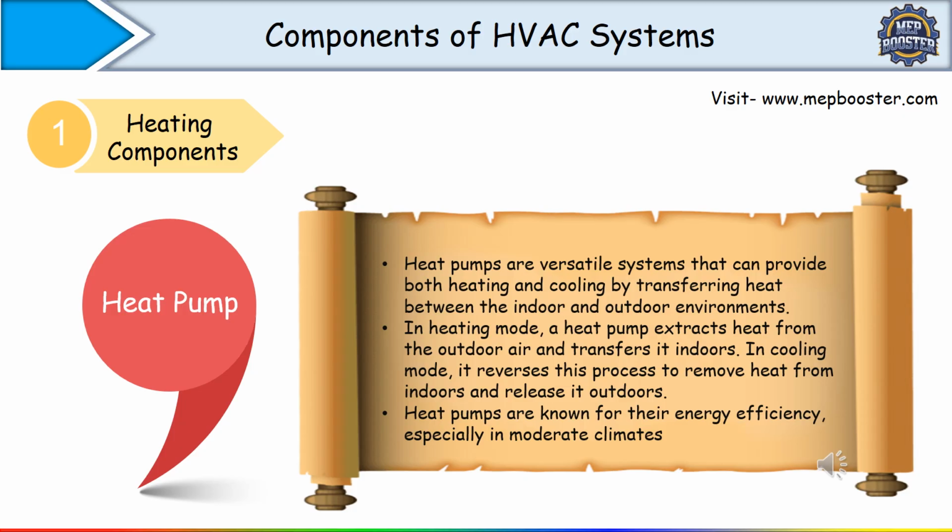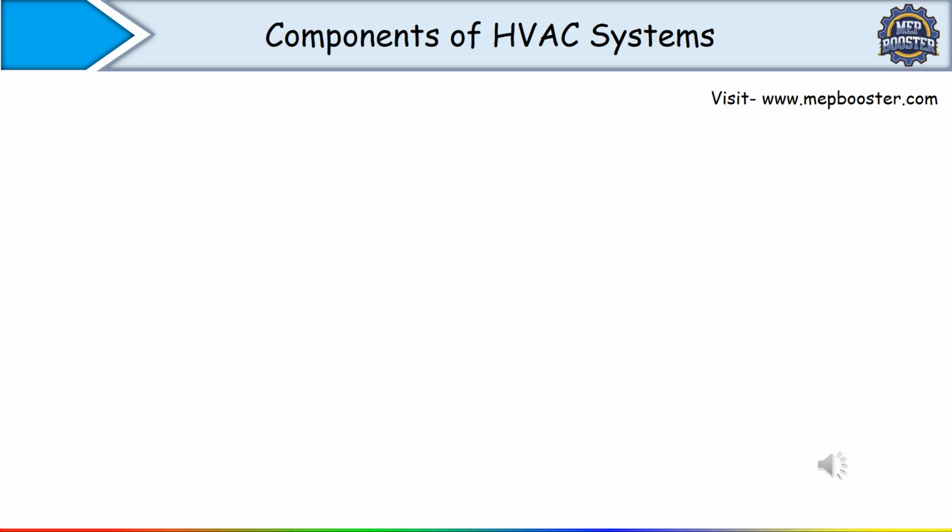So heat pumps offer energy efficient heating and cooling solutions, particularly in moderate climates, and can provide both comfort and cost saving for homeowners. Here also regular maintenance and professional servicing are essential to ensure the proper functioning and longevity of heat pump systems. So these are the heating components.